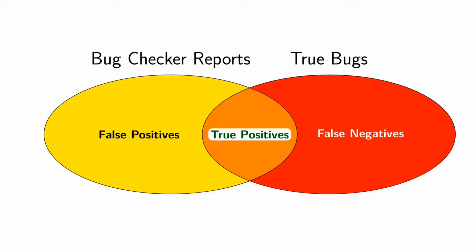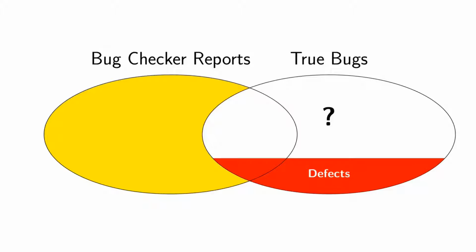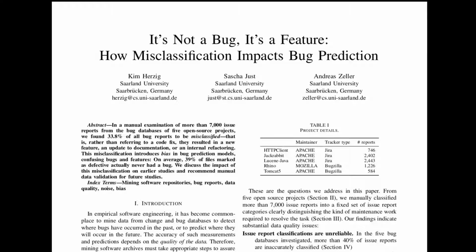For software engineers and bug checker developers, this raises the question of where the line is between a real bug and a non-bug. To look for answers, we turn to the literature in this field. For example, Herzig, Just and Zeller in a 2014 study analyzed more than 7,000 bug reports in open source projects. They found that more than 33% of bug reports were not real bugs in the sense of asking for corrective maintenance.